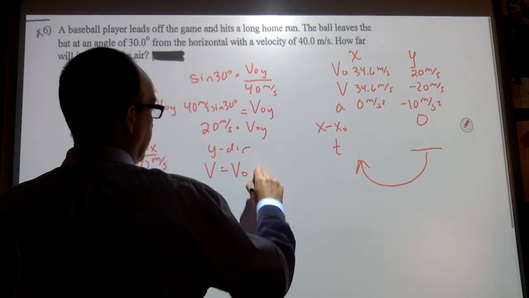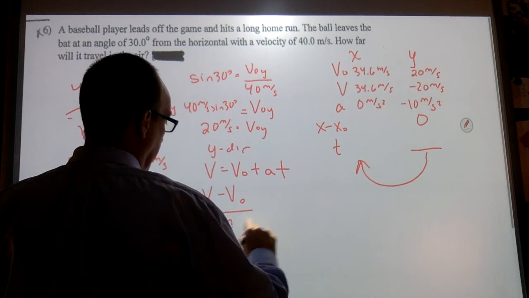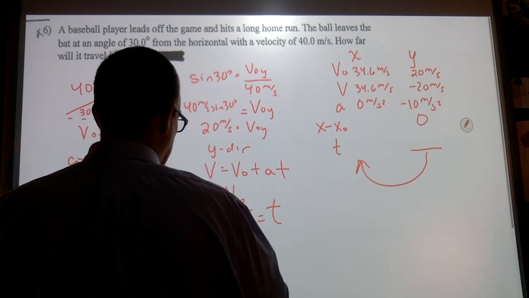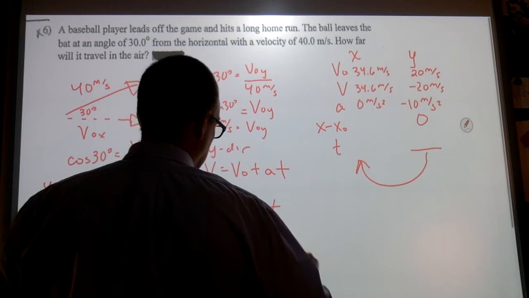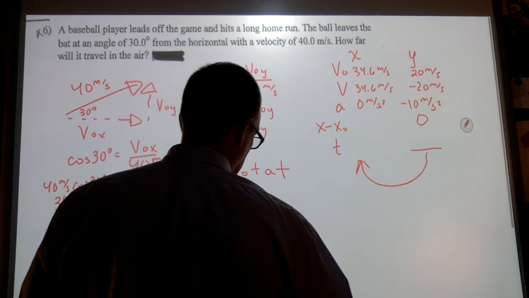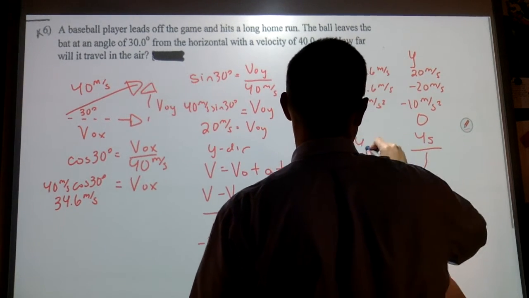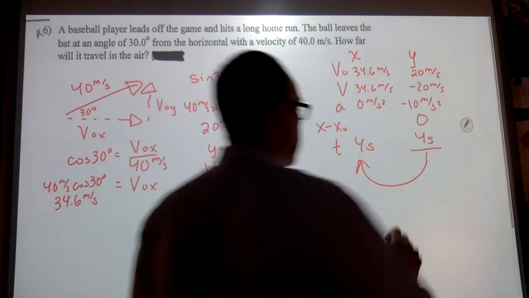v equals v naught plus at. So v minus v naught over a is t. And so this is going to be negative 20 minus 20 divided by negative 10, which is 4 seconds. This is the same for both charts, and so then I can consider the x direction.